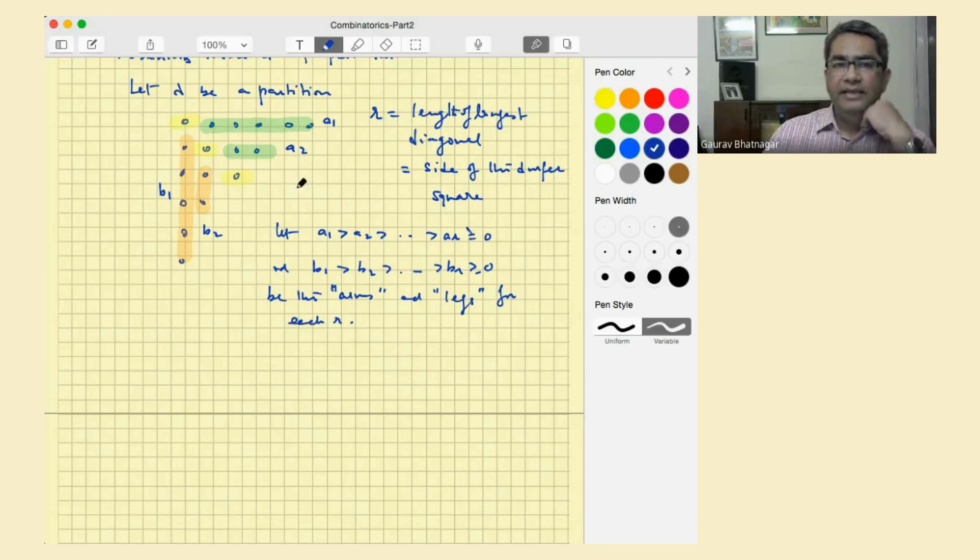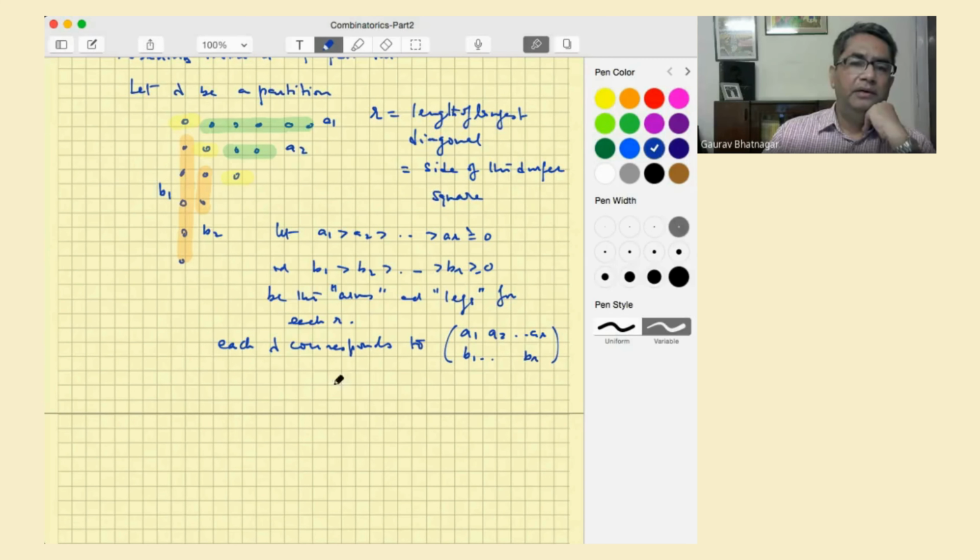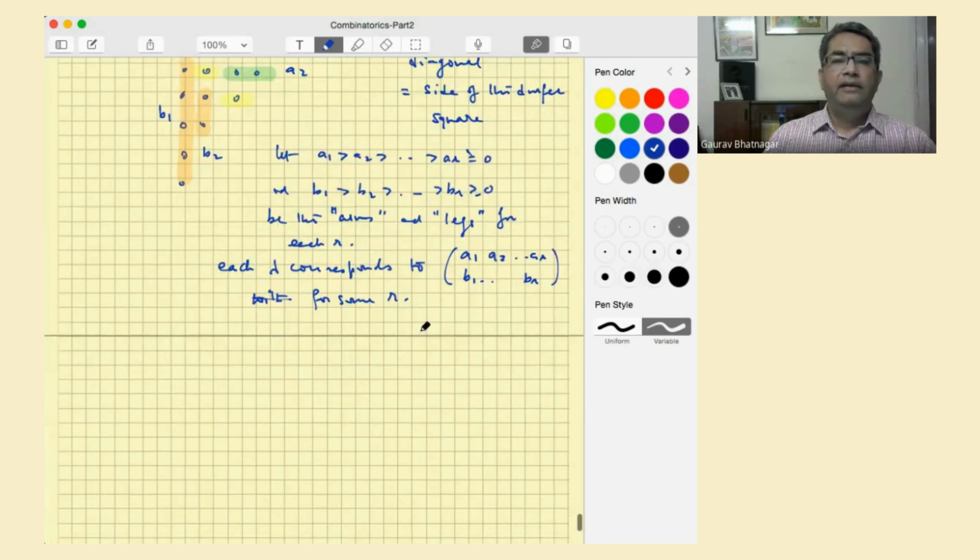Okay, so each lambda corresponds to this array A1, A2 up till AR, B1, B2, BR, for some fixed R, right?